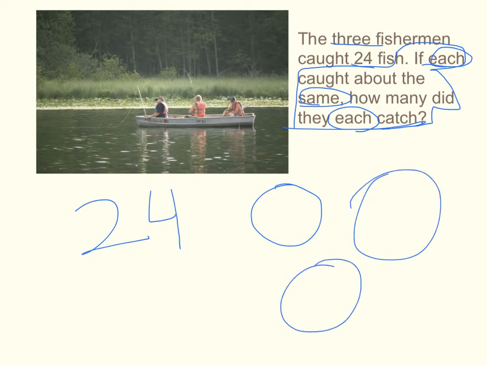So I know that would be 3 groups of fishermen, sharing 24. And then if I'm just going and doing all of my groups, if I did it this way, 1, 2, 3, 4, 5, 6, 7, 8, 9, 10, 11, 12, 13, 14, 15, 16, 17, 18, 19, 20, 21, 22, 23, and 24. So I see that there are 8 in each, so 8 is there.